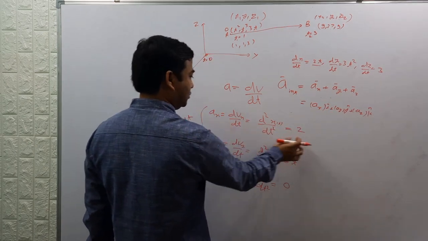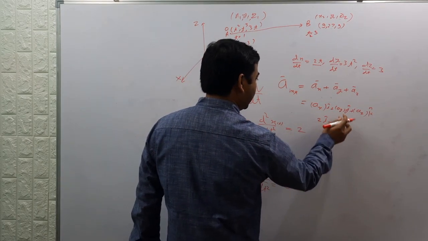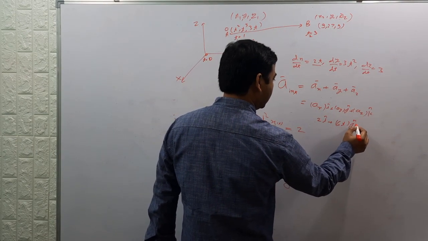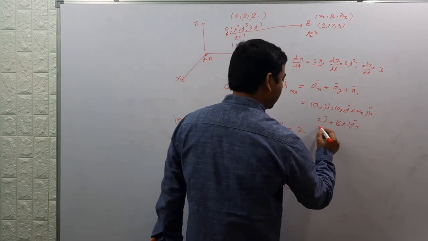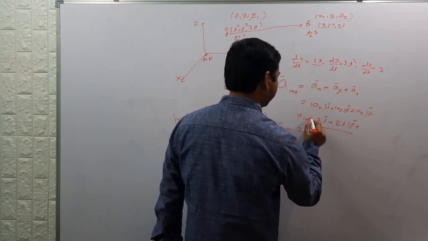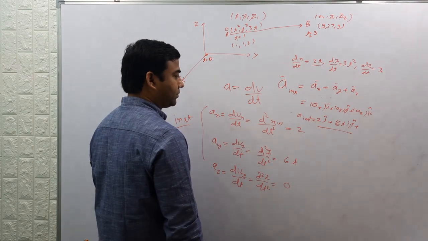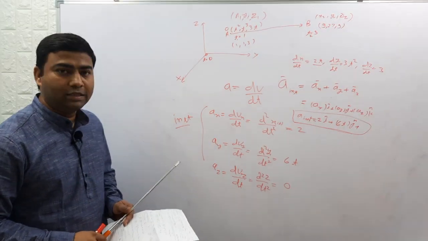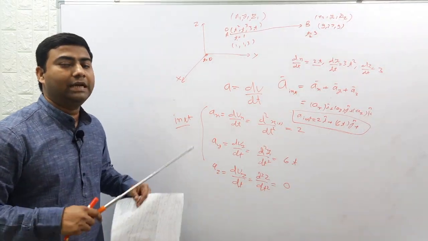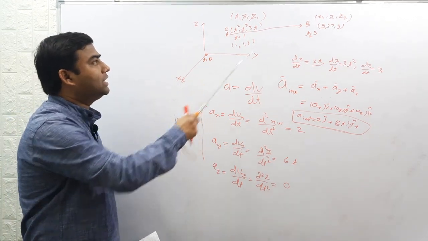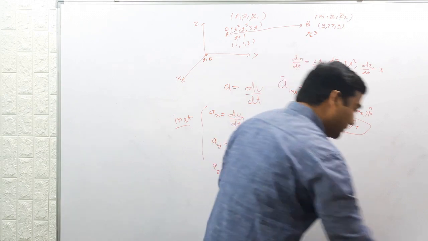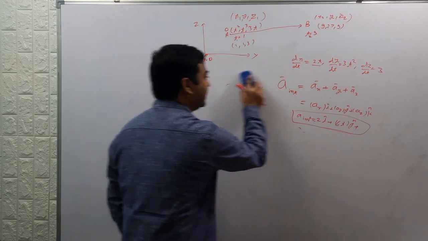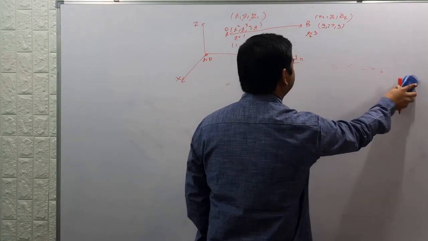Ax is 2i, ay is 6t j, az is 0. So this is A instantaneous. So these are the methods to find velocity, average velocity, acceleration and average acceleration in a single frame. That was just a short description of how we define velocity and accelerations in a single frame.